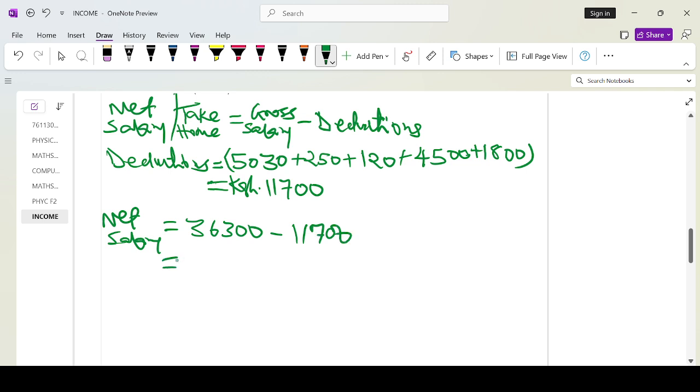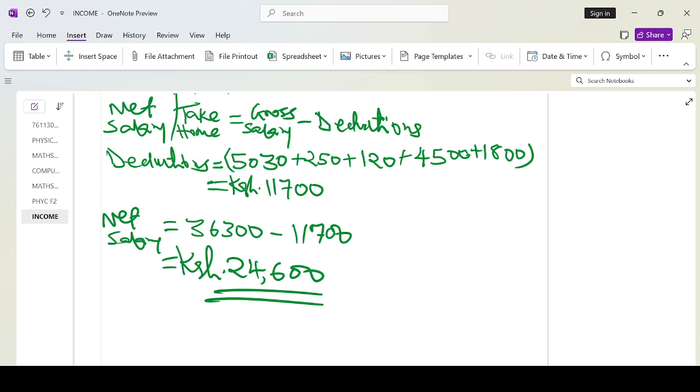So this will give you, learners, in Kenyan shillings 24,600. That's the amount that someone will receive and take home. This person is earning 36,300, but after all deductions, he will go home with 24,600. So the amount that you're going home with is what is called the net salary or the take home.